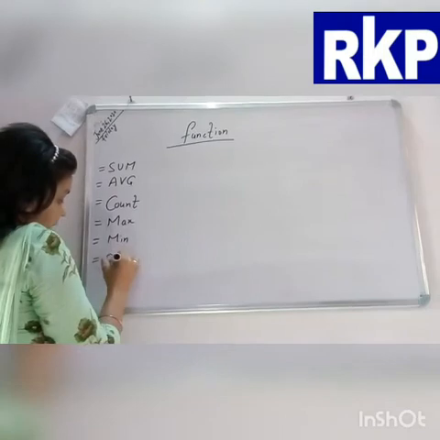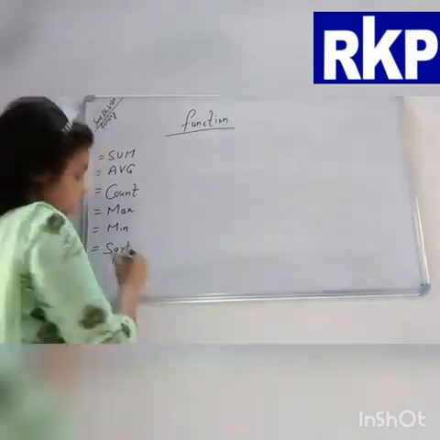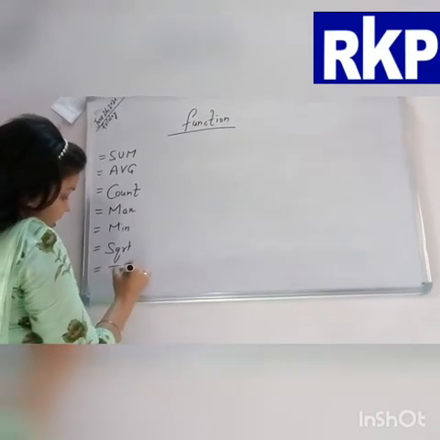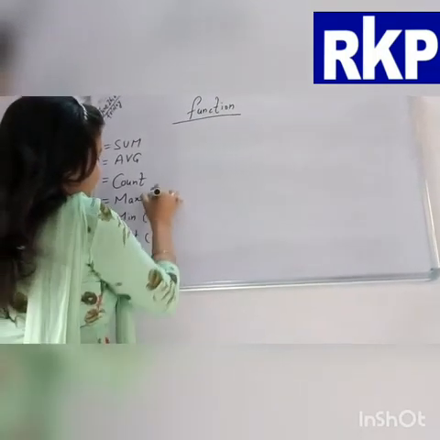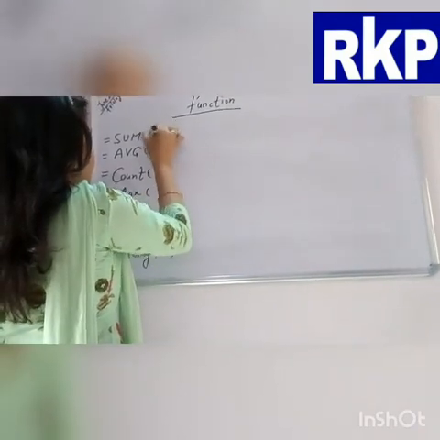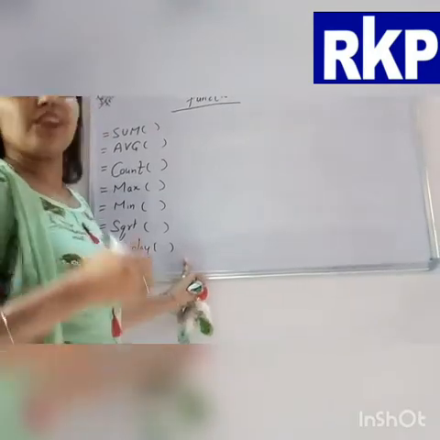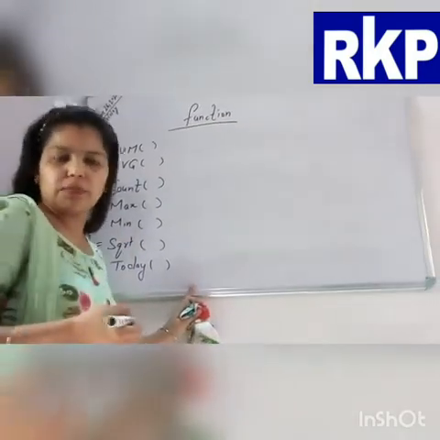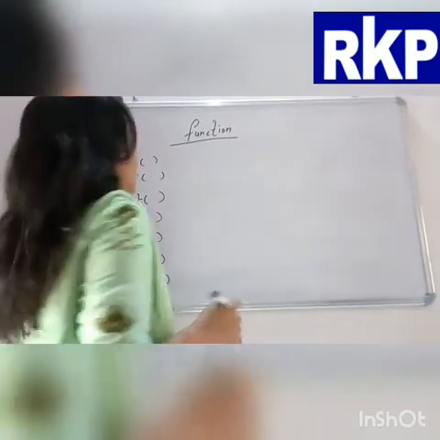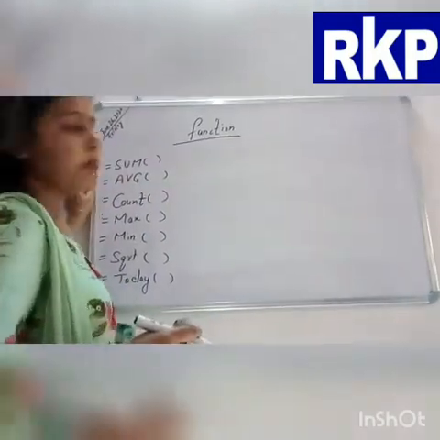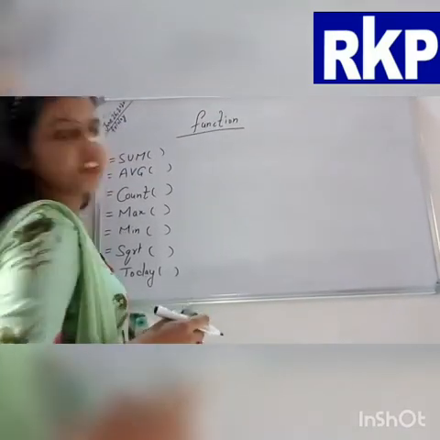SQRT, square root, is here to find the square root of a number. Today function is here to find the current date of the computer. So students, these are some basic functions. There are lots of functions and categories present in Excel, but I am going to discuss basic functions. So you can see one important thing here, the structure or the body of this function.